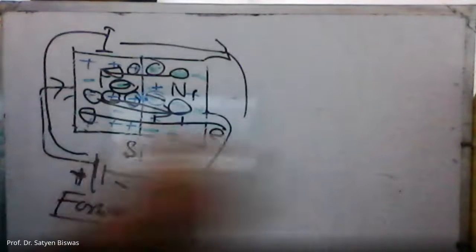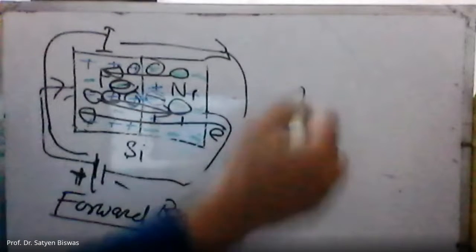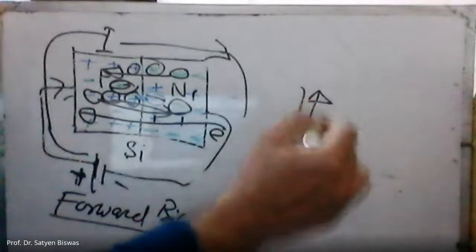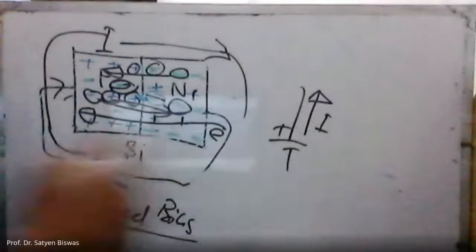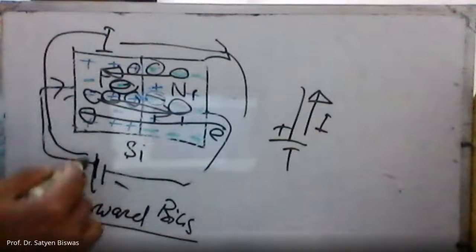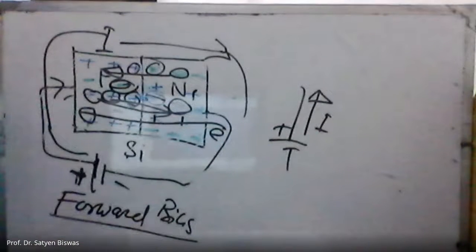We also know that when you apply a positive voltage, the current will go this way. This is the right direction, the direction of the current. That's why we call it forward. When we are moving forward, it is the right direction, and going back is the opposite direction. That's called reverse.